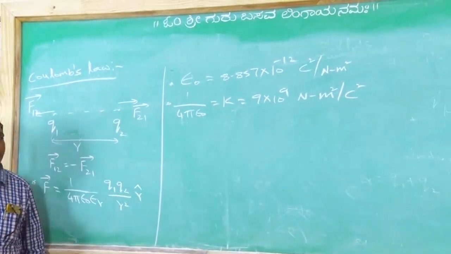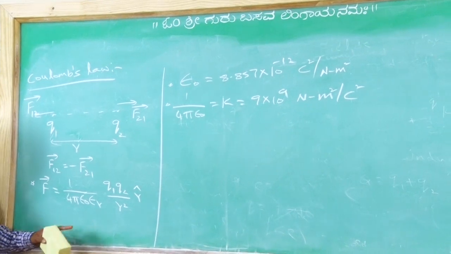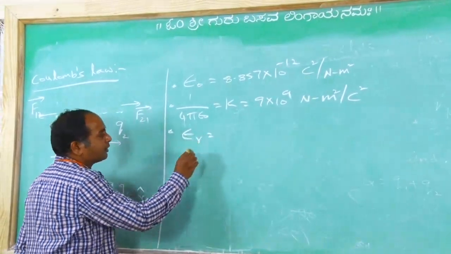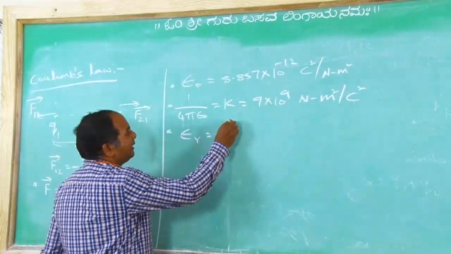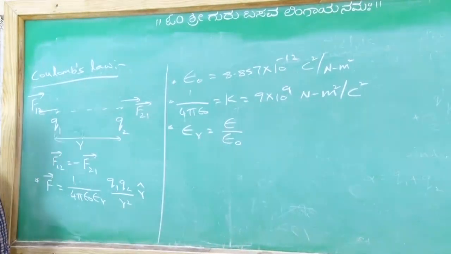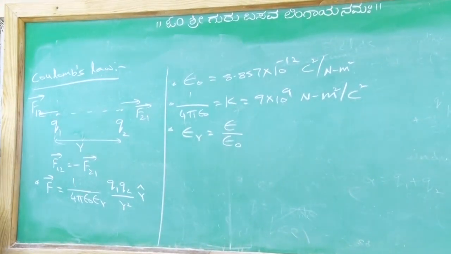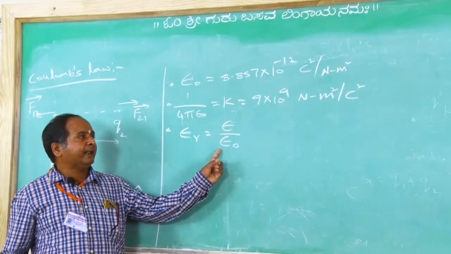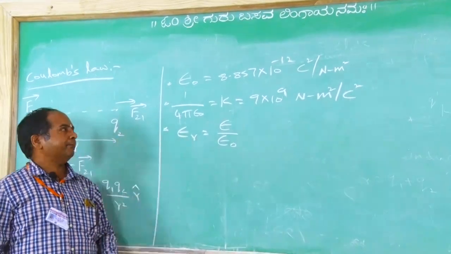That is the value of 1 by 4 pi epsilon naught. Here epsilon r is the dielectric constant, the ratio of permittivity of the medium to free space: epsilon r is equal to epsilon by epsilon naught. This is always constant for a given particular medium.